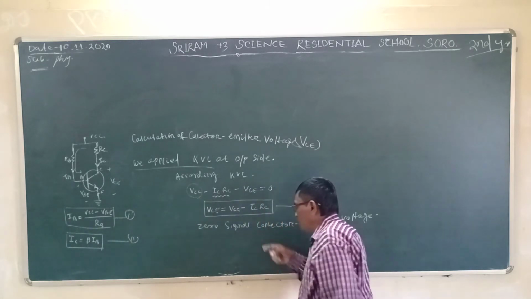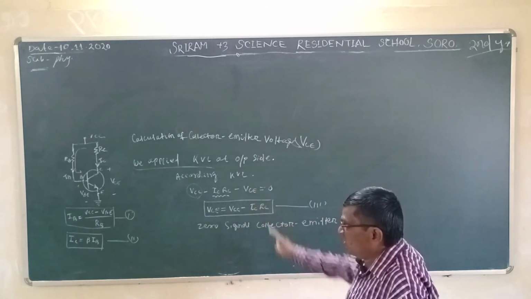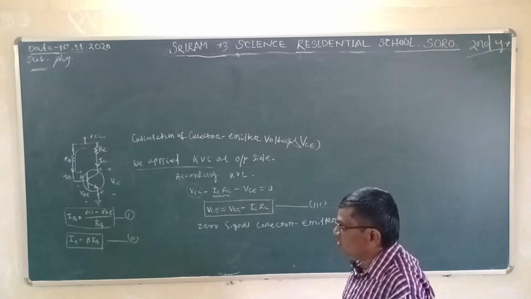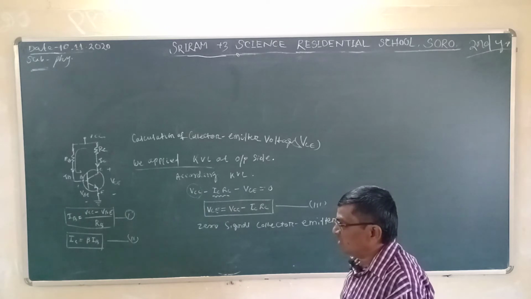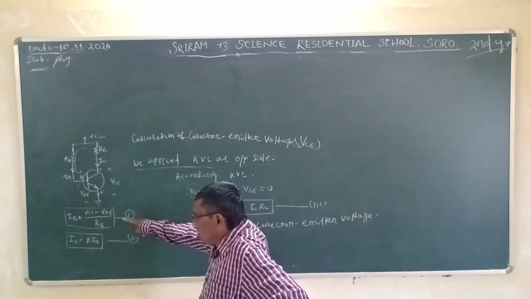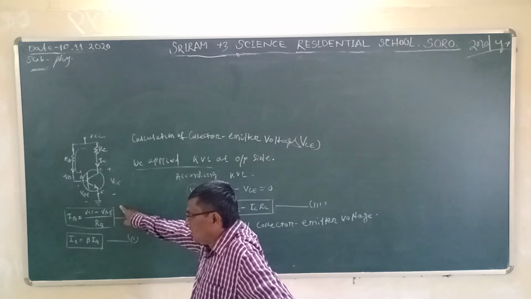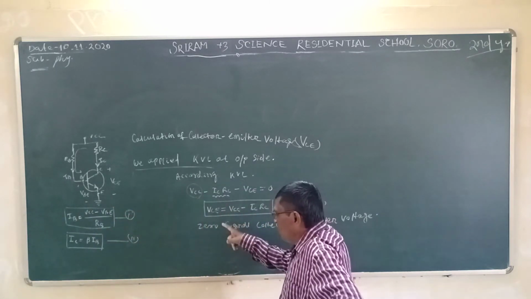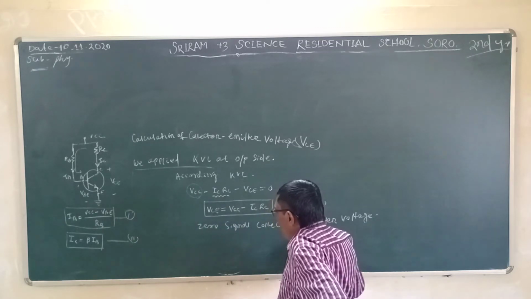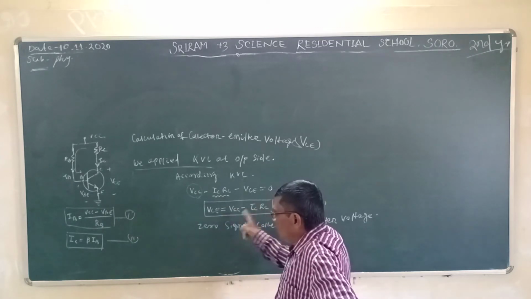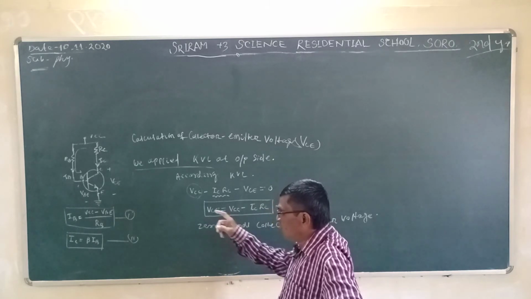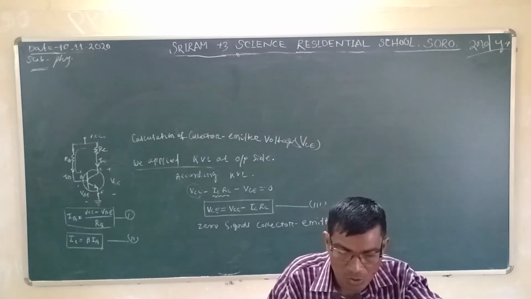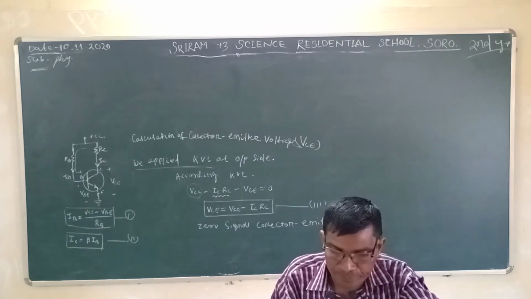So this is the basic formula or basic analysis of fixed bias: the zero signal base current VCC minus VBE by RB, the zero signal collector current, and the zero signal collector emitter voltage. Now this equation we use for applying all our other analysis.